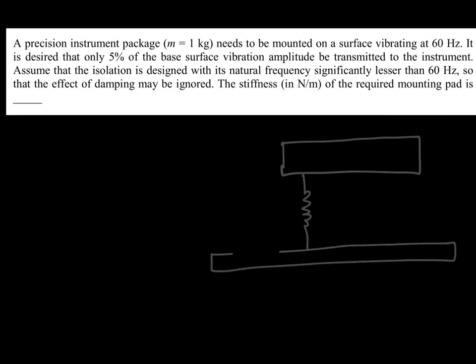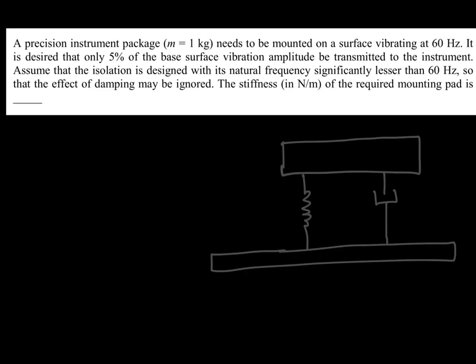So I hope all of you have read the question. So now let's try to draw a rough schematic of what is actually told in the particular problem. So we have a system like this. So let's say this is the vibrating surface. This is our vibrating surface.